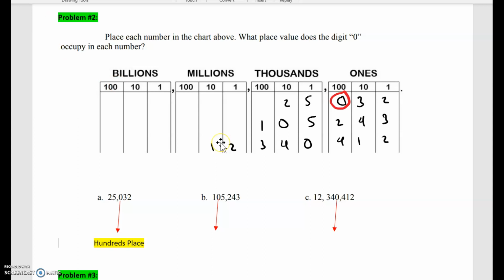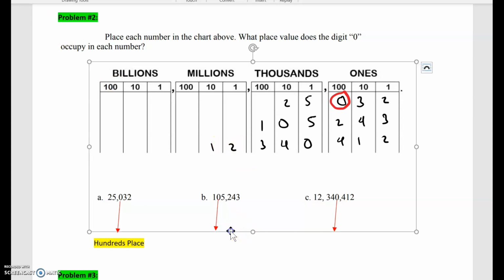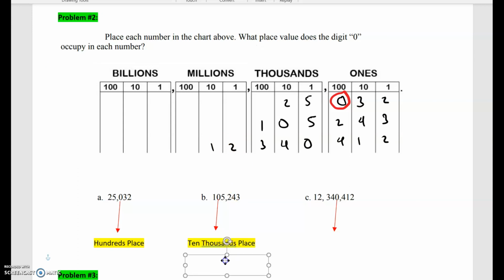For problem B, it's in the 10,000s place. You can view that digit here. And on problem C, the 0 is in the thousands place, so that's this one here. They just want us to use the chart and look at the position of the place value.